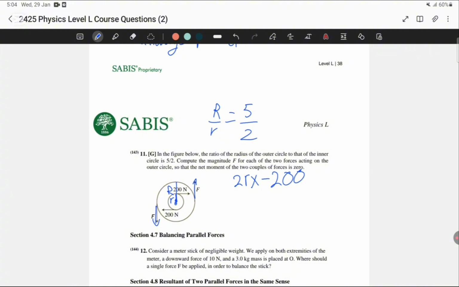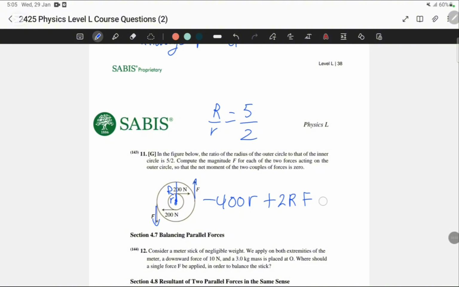So you're moving counterclockwise, so it's going to be plus. Let me write it better. -400r plus, the distance is 2r, times F, equals 0.